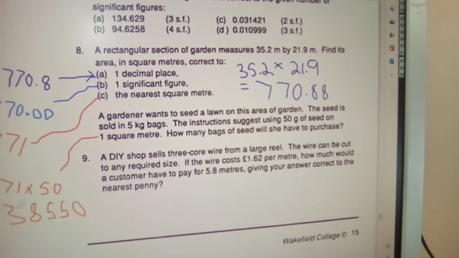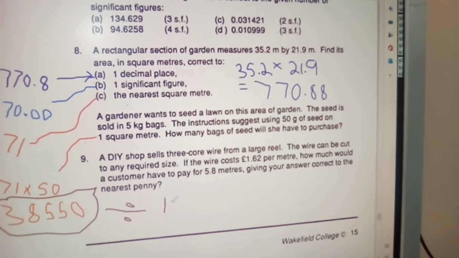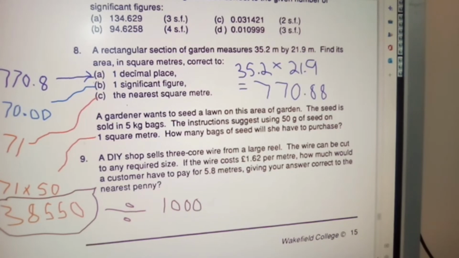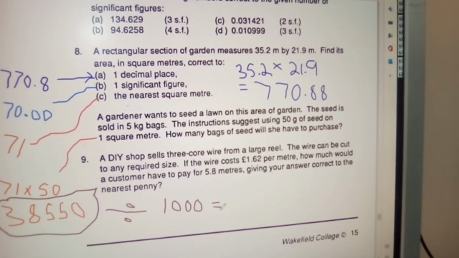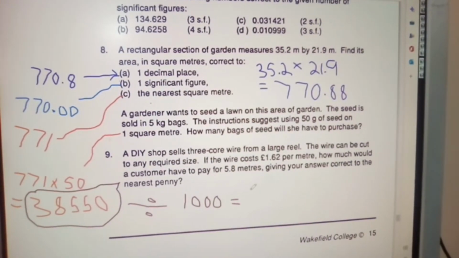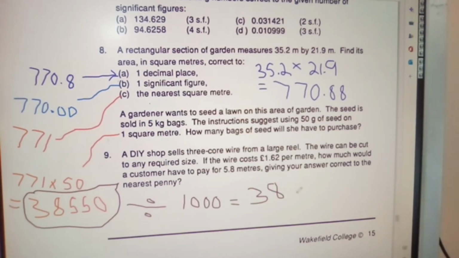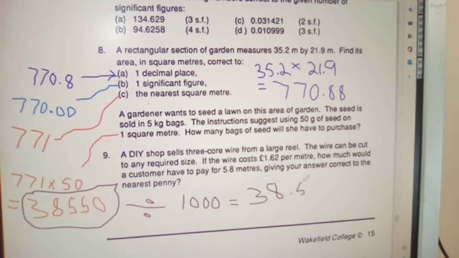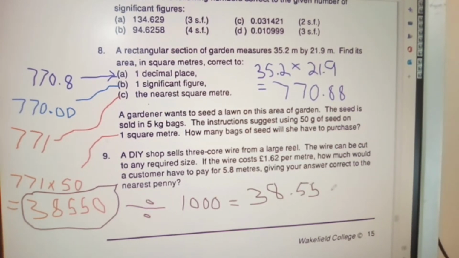We then take this here and we divide by 1000, which equals 38.55 kilograms.